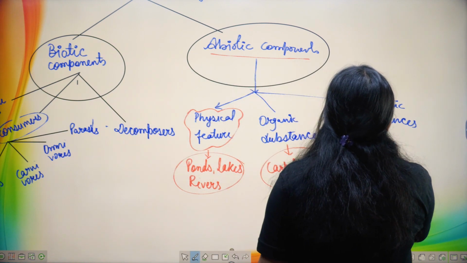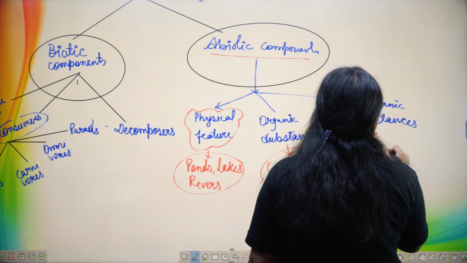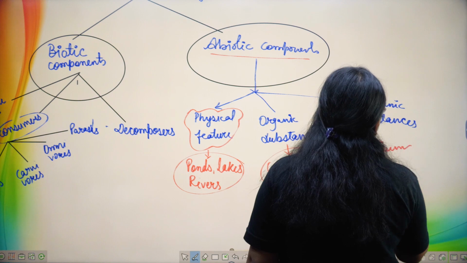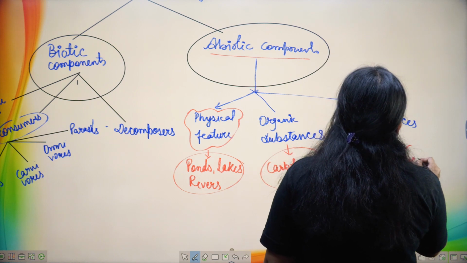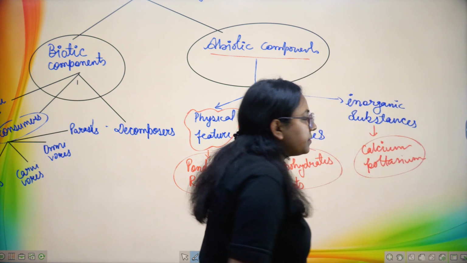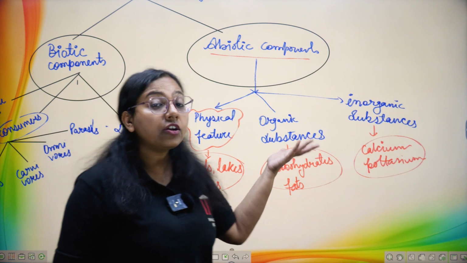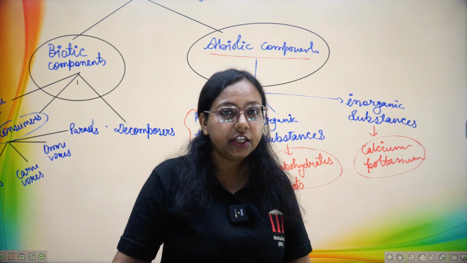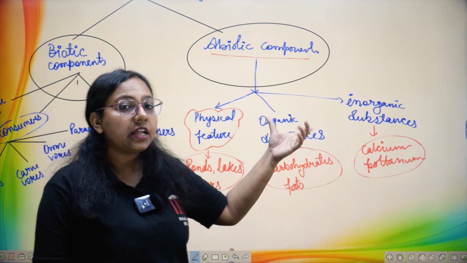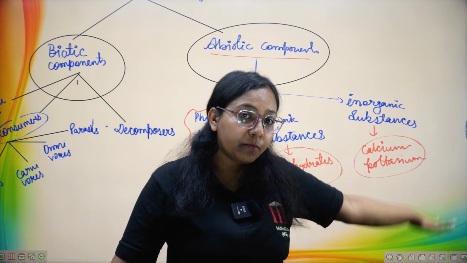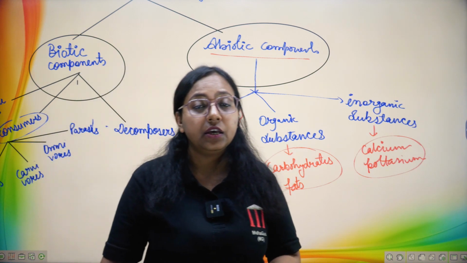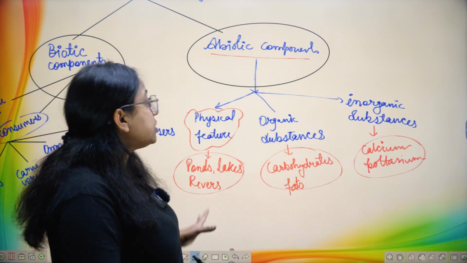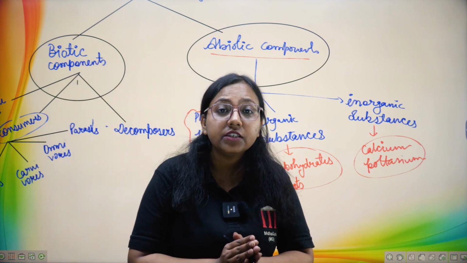Then come the inorganic substances like calcium, potassium, which we get not naturally but artificially. So this is all about ecosystem and its components. I hope this is very clear.